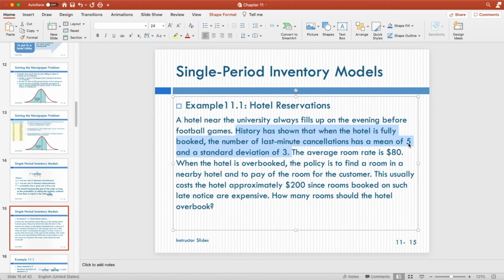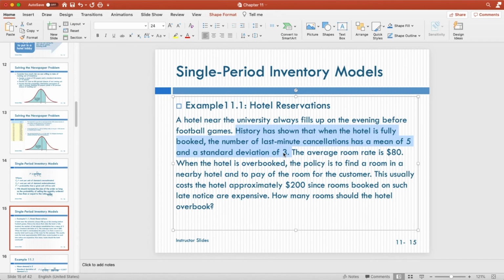You can see this follows a normal distribution, right? The hotel already knows that some customers may cancel at the last minute.